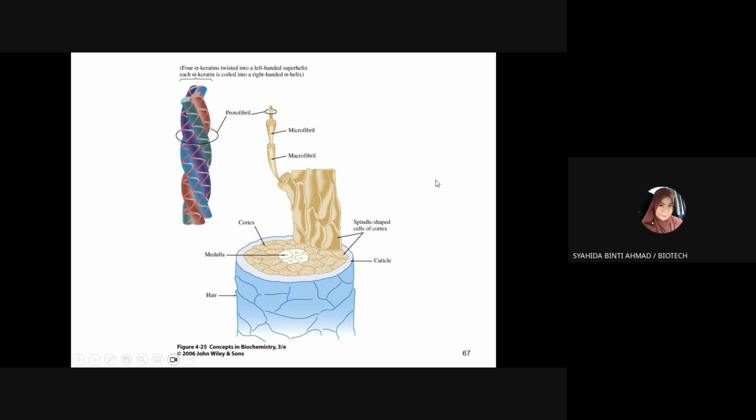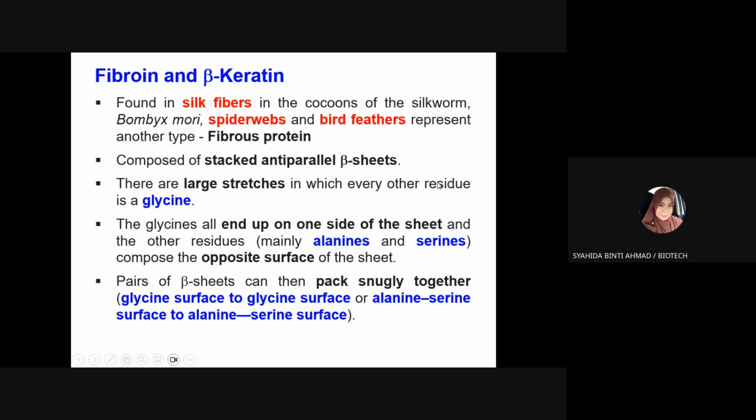All right, and then move on to fibroin and beta keratin. You can find this in silk fibers, in spider webs, or in bird feathers. It is another type of fibrous protein composed of stacked anti-parallel beta sheets. Previously it was alpha, but this is mostly anti-parallel beta sheet.